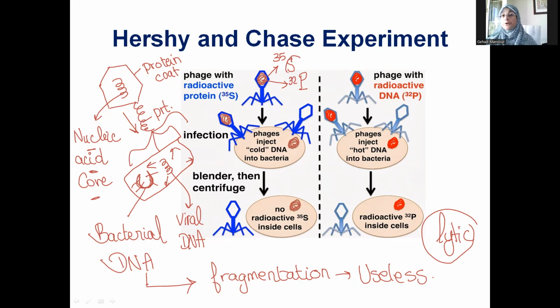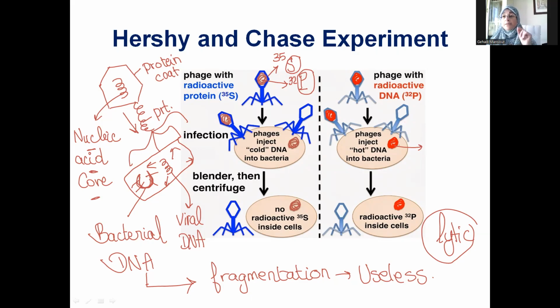Because proteins contain sulfur but no phosphorus, and DNA contains phosphorus but no sulfur. So when the bacteriophage injects its DNA, what we are going to see inside the bacterium is radioactive DNA, radioactive because of the radioactive phosphorus.